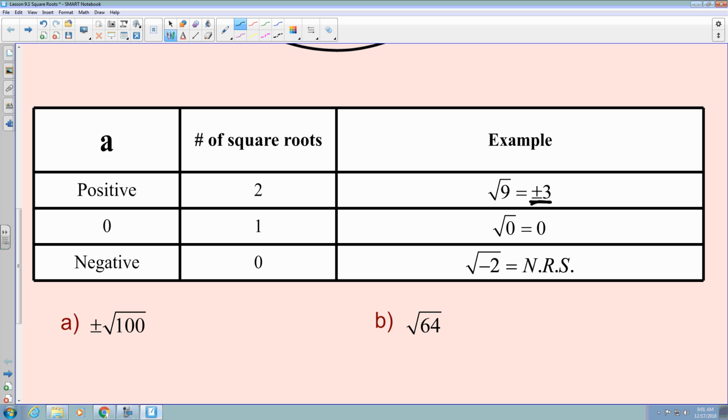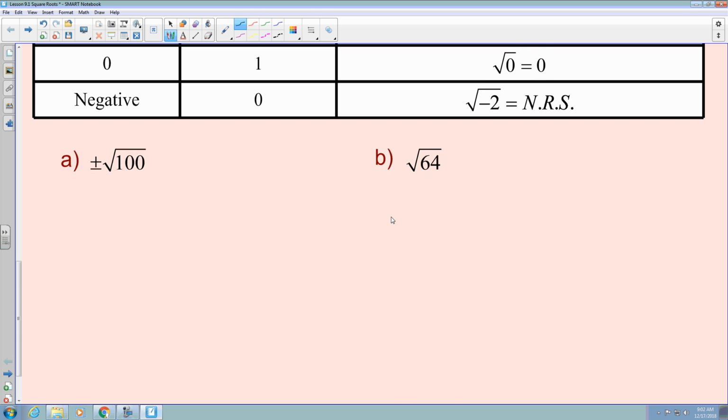Anytime that you have a square root of 0, the result is 0. But the one thing that we do have to keep in mind is if we ever have a negative value on the inside of the square root, we have no real solution. There's no such thing as a negative square root. So please keep that in mind.